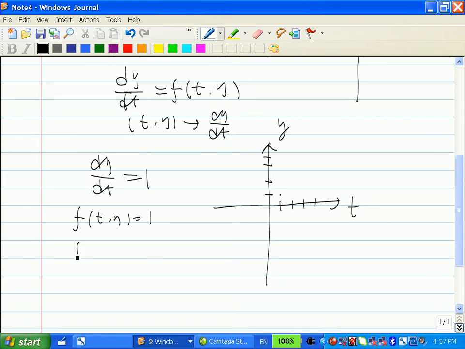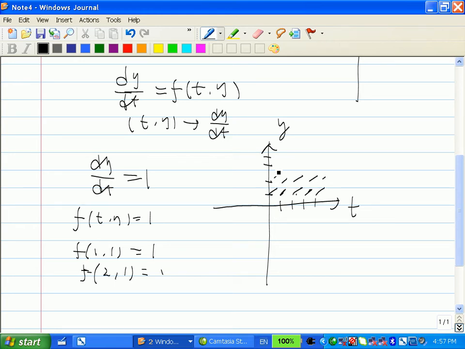At the point (1, 1), you plug in. There's no t and no y, so it doesn't matter what t and y are, they always give you 1. At the second point, f(2, 1), t = 2, y = 1, you plug in and get another 1. So you get a 1 there, 1 there, 1 everywhere.